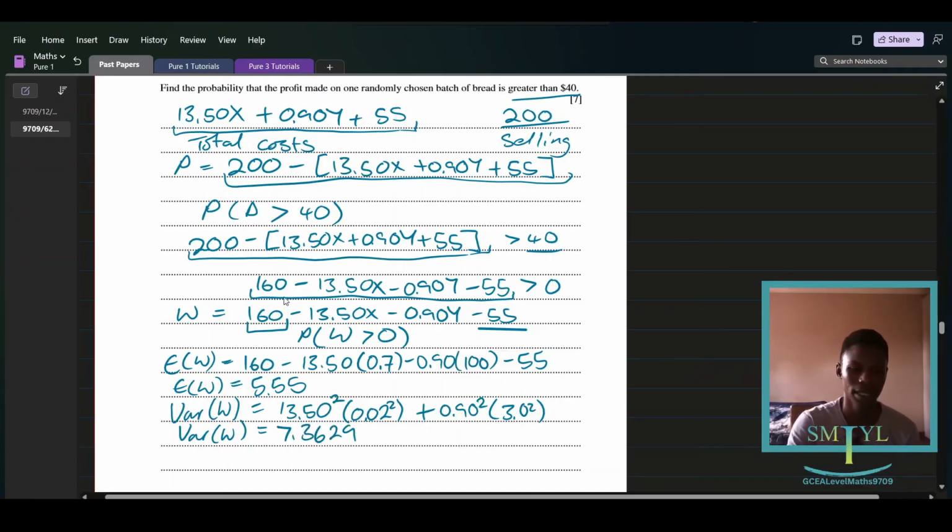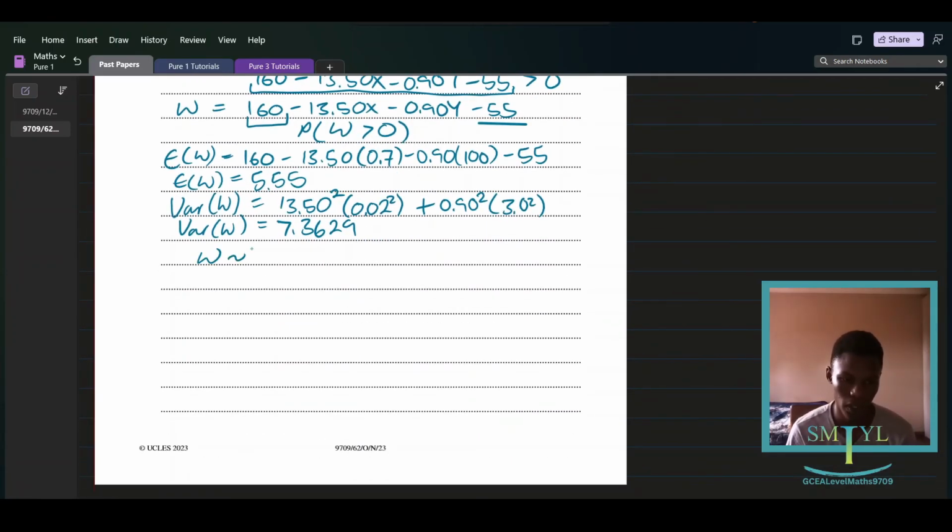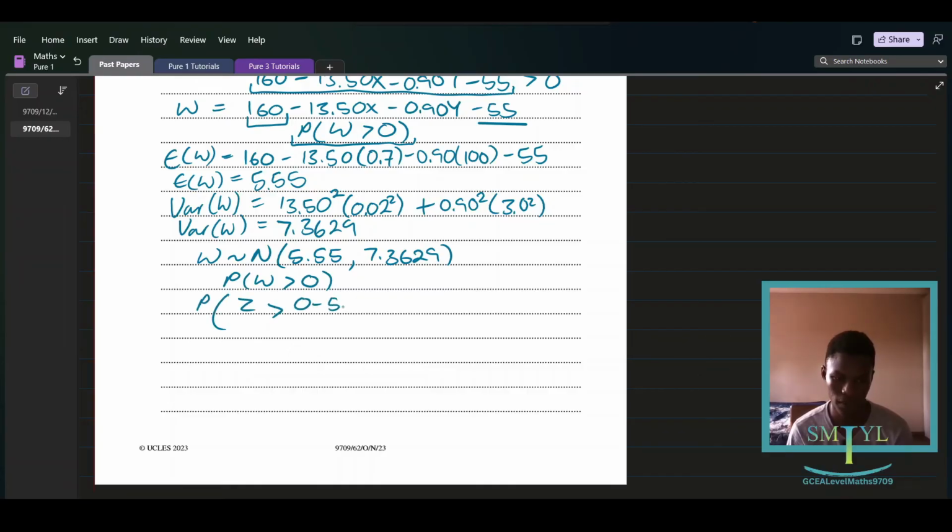And so this means that W follows a normal distribution with mean 5.55 and variance 7.3629. We said we're trying to solve the probability that W is greater than 0. So now let's standardize. This is the probability that Z is greater than 0 minus 5.55 over the square root of 7.3629.